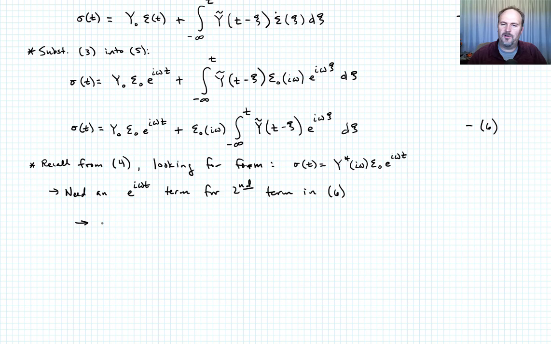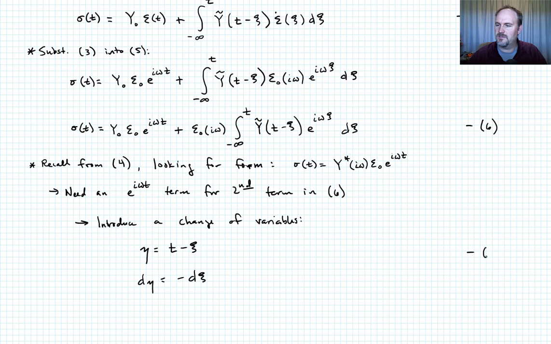Well, we're going to introduce a change of variables, which we're going to say that eta is equal to t minus xc, and correspondingly then that d eta is equal to negative dxc. Okay, so let's go ahead and call those equations 7.